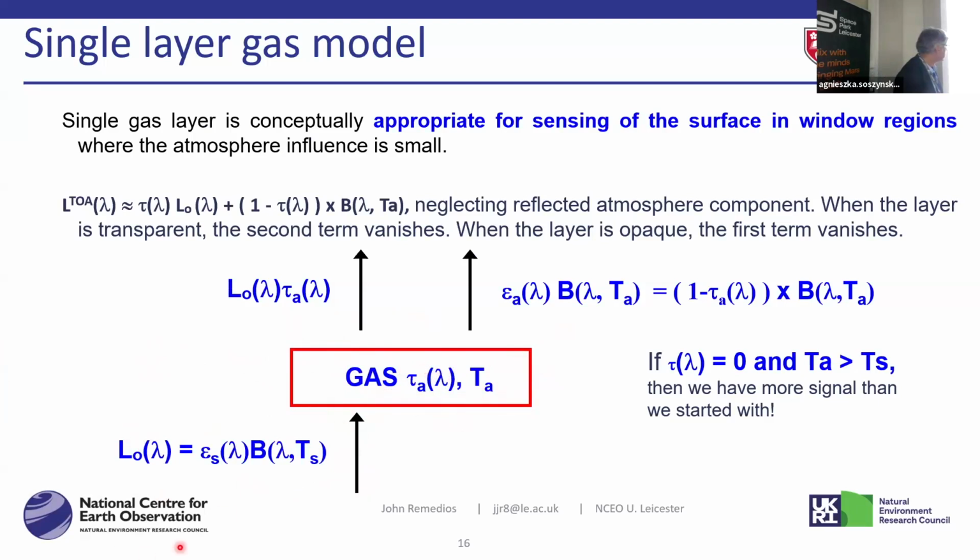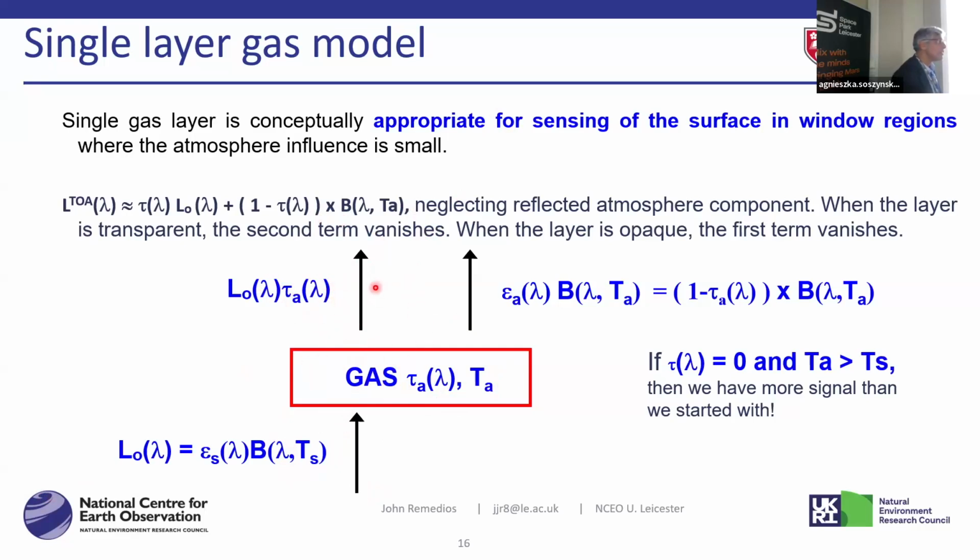And this is one of the beauties I love about thermal sensing. If you imagine you've got a signal coming in here from the surface, then what comes out of here is, of course, attenuated by this gas. So we get less out. This transmission goes between 0 and 1. So we can never get more than what comes in in terms of the signal and its effect in absorbing the signal.